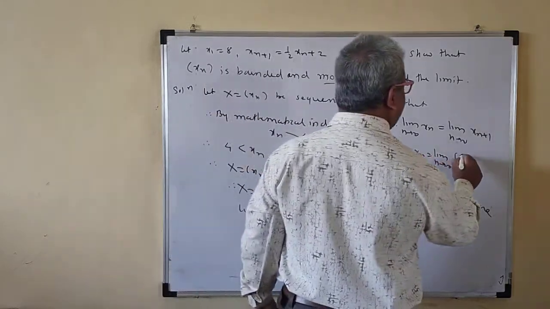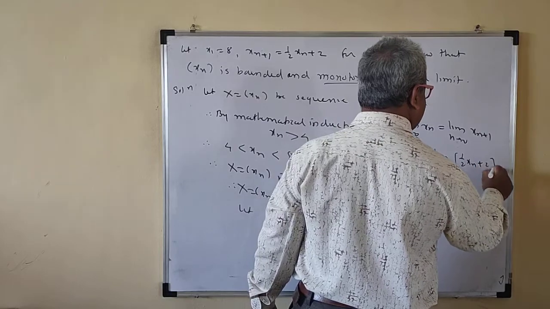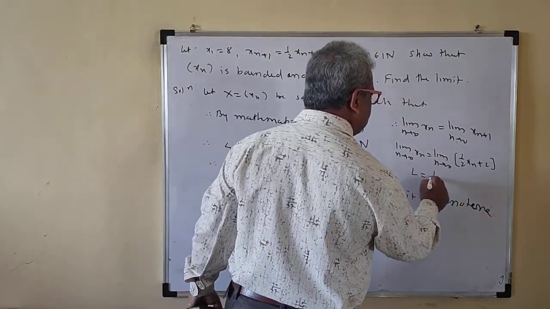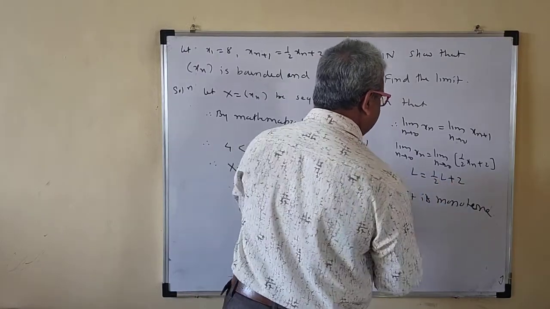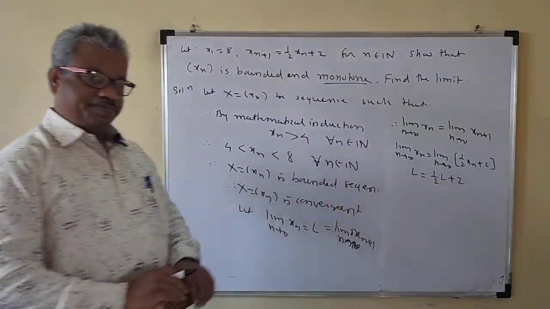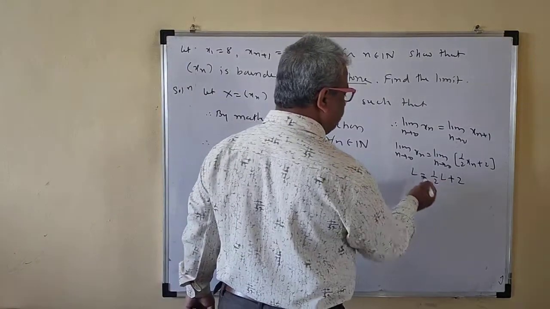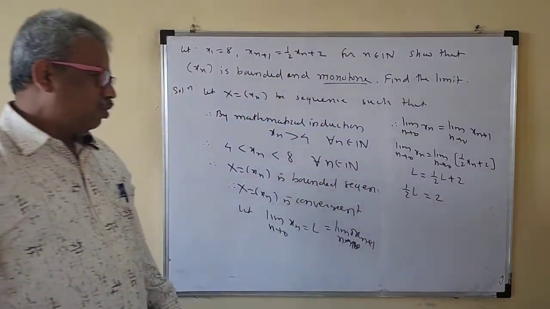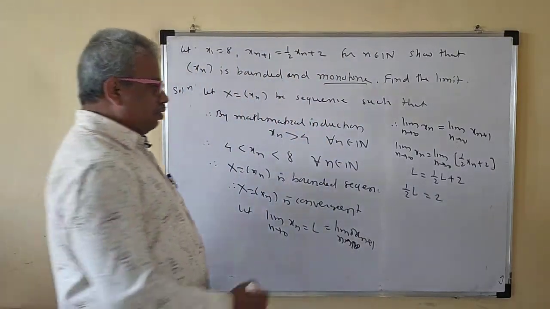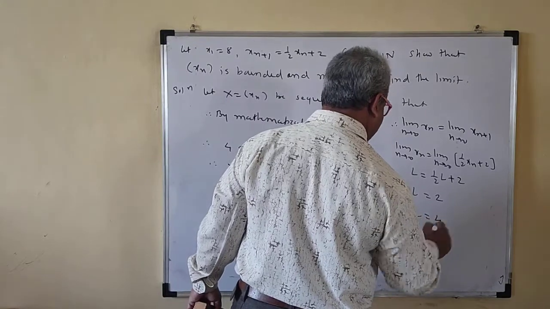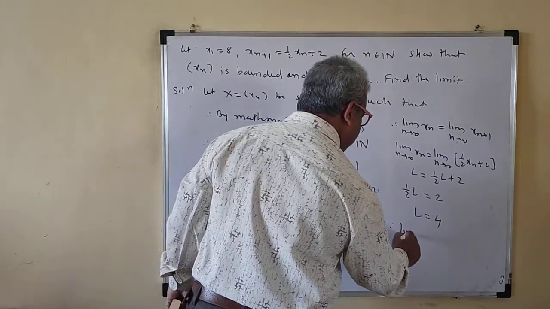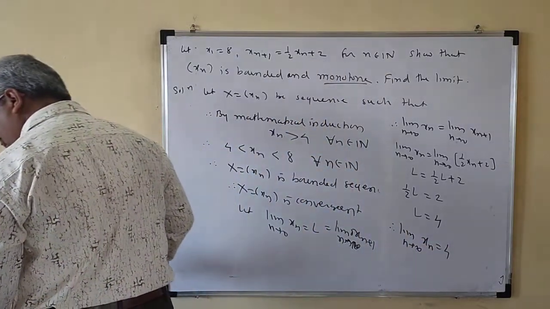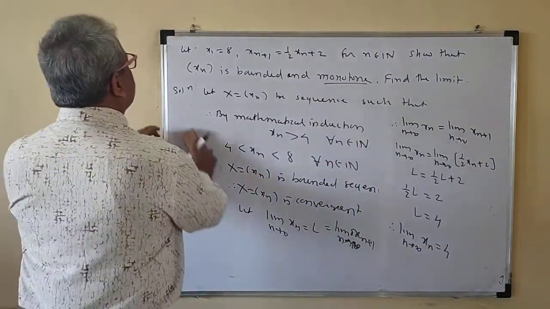Xn plus 1 is 1 half xn plus 2. So this is your L equals 1 half L plus 2. You will shift this to this side. This is 1 half L is equal to 2. So your L is what then? L is equal to 4. So therefore, limit n tends to infinity, xn is equal to 4.